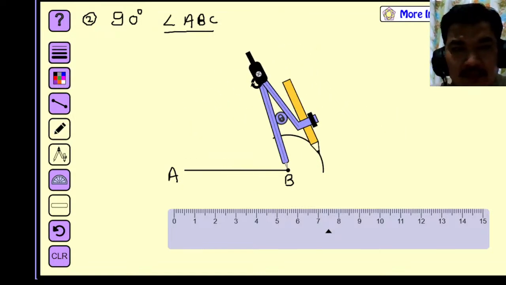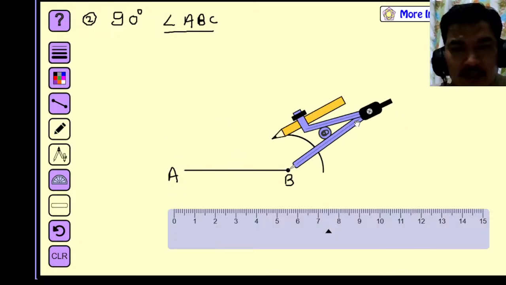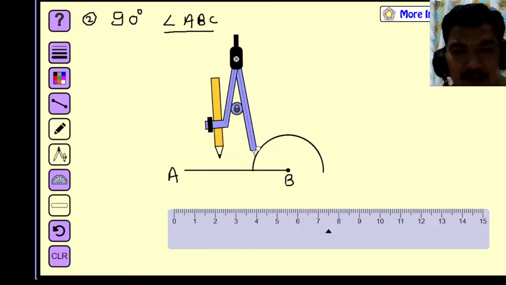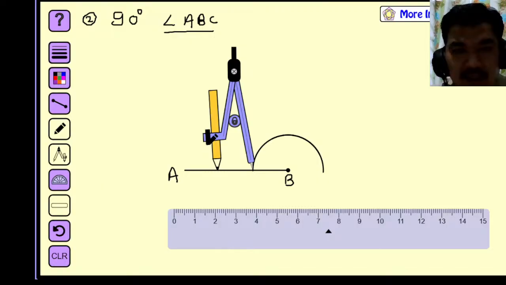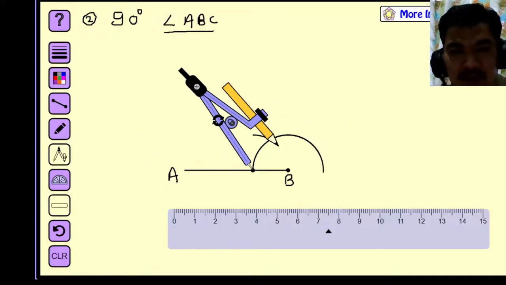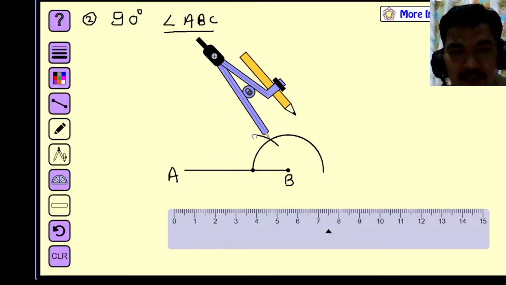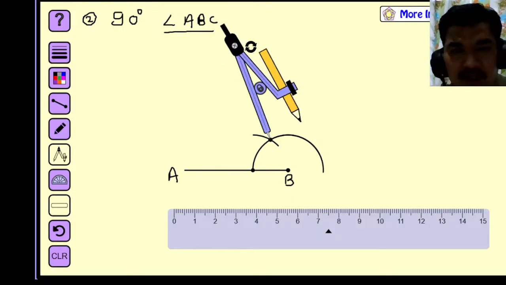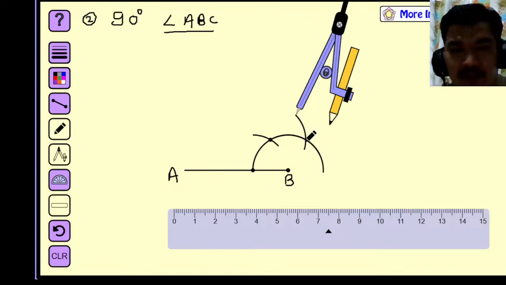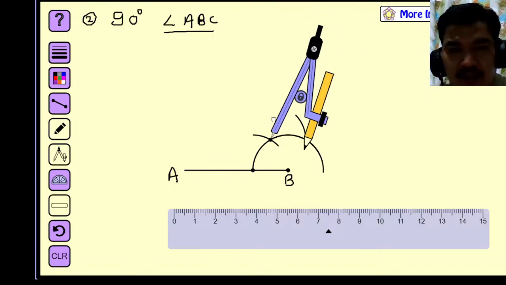Wherever this arc cuts the horizontal line, that is 0 degrees. Like this, put and cut here 60 degrees, we know, just now I taught this one. This is 60 degrees. Now put the compass at 60 degrees and cut another arc. This is 120 degrees. This is the point for 120 degrees. Now put the compass at 60.